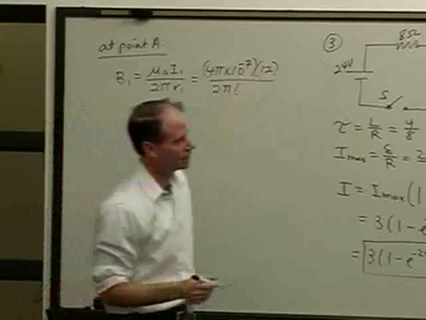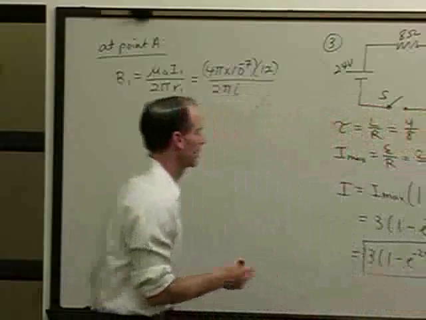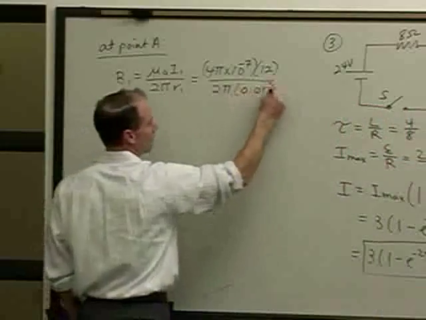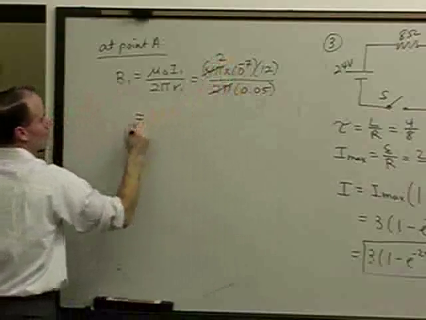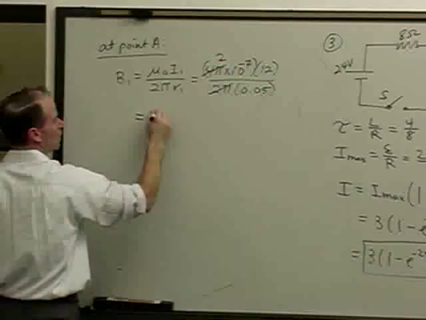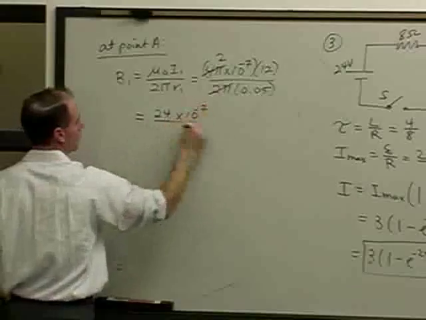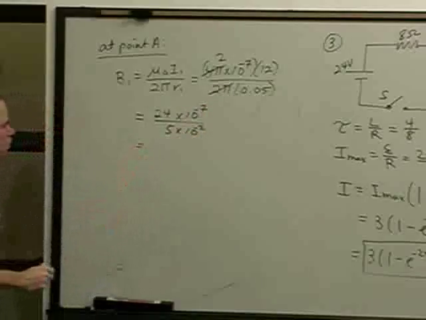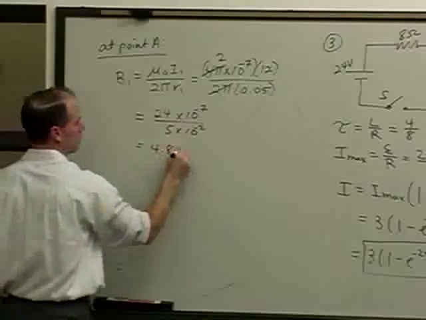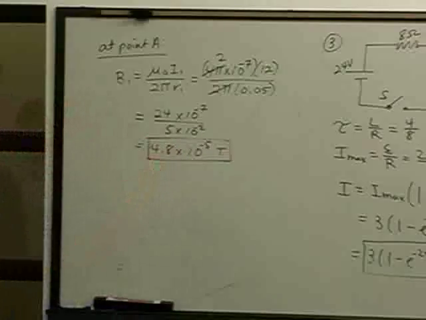Our distance to A is going to be 0.05, because we're going to be half of D. So this is .8 times 10 to the minus 5 Tesla. Is that good?